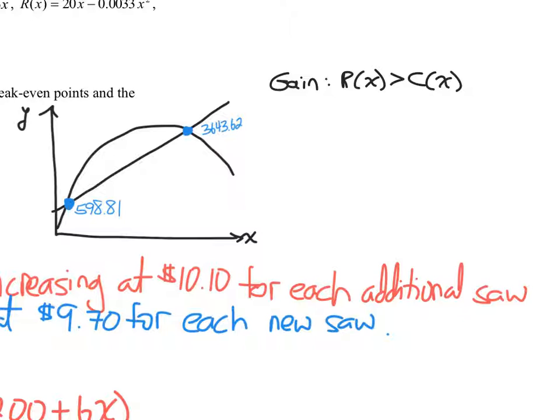But in this case, I don't think you need that. So I just need to know the area where the parabola is physically above, on top, vertically above the line. All right, and so that would happen in the interval between 598.81 and 3643.62. All right, so anything in that interval, we'd be operating at a gain.